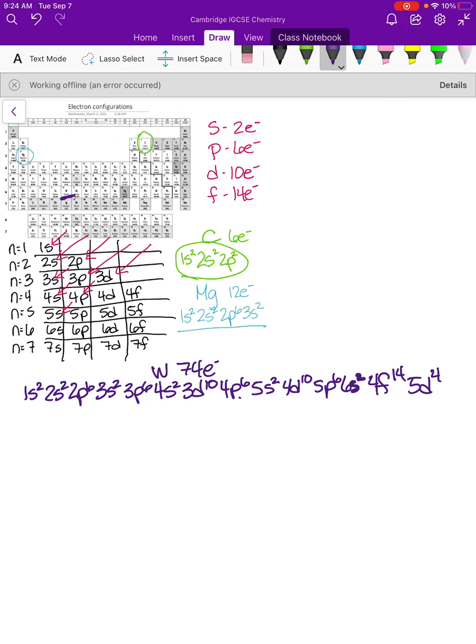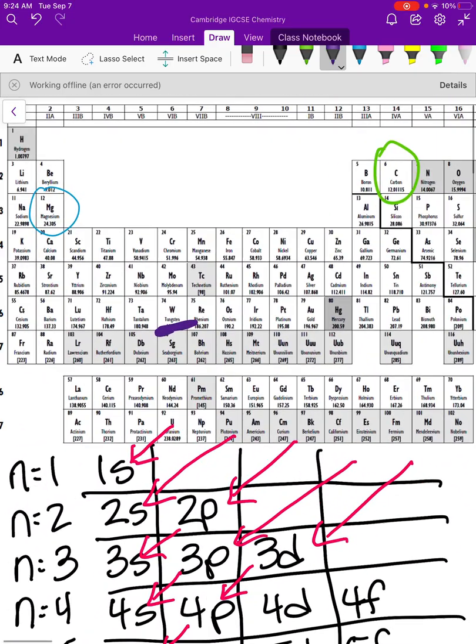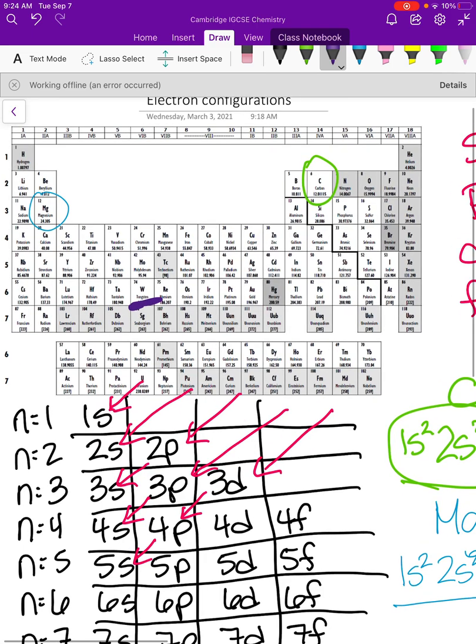So tungsten is W. If you go up a row and then all the way to the end, that's going to be the noble gas that comes in front of it.